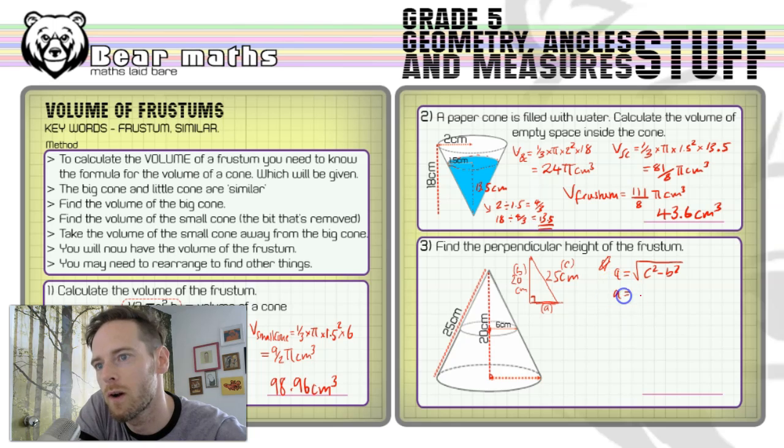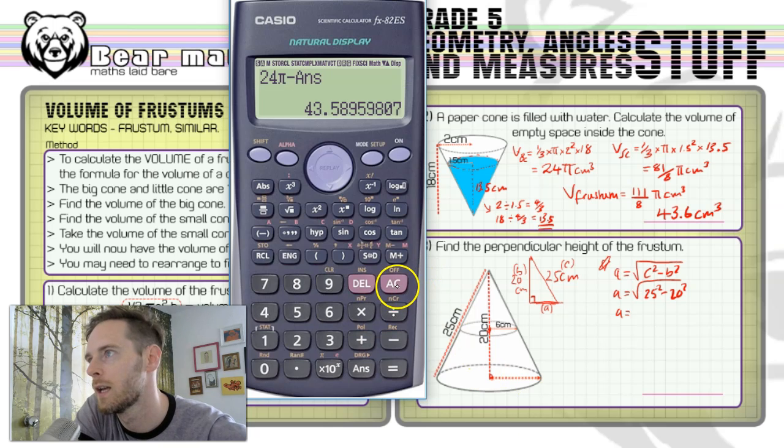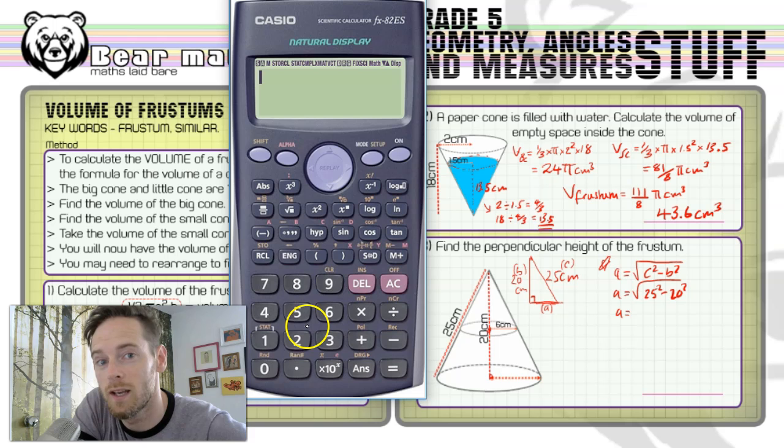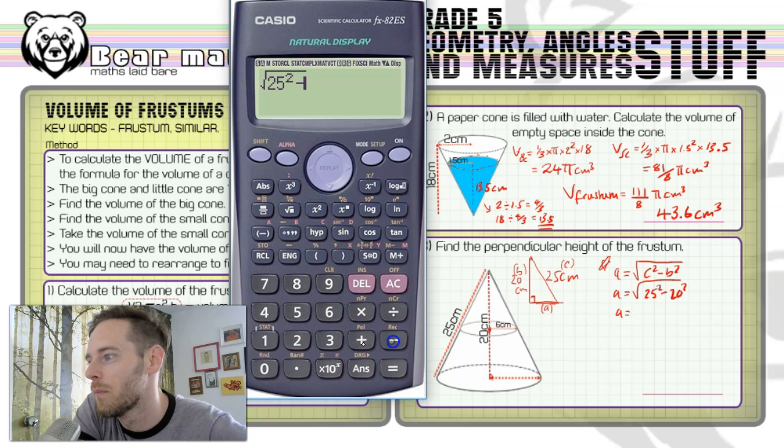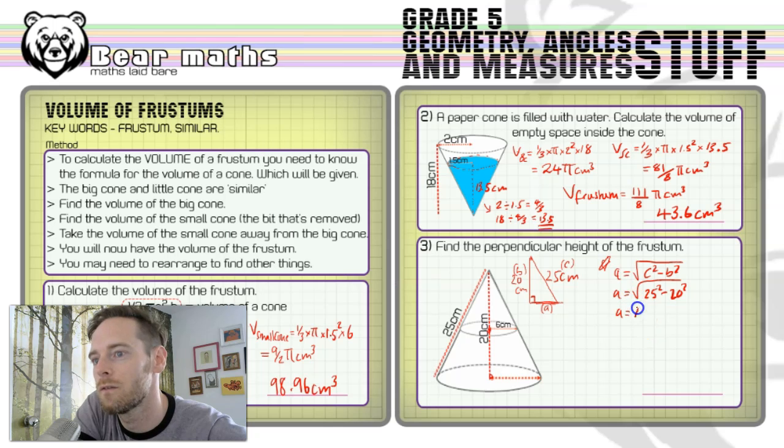So A is equal to the square root of 25 squared minus 20 squared. There's our quick way of doing that. Like I said, I'll explain it in more detail in the Pythagoras video, just to hook you in and make you watch it. I'm sure it's going to do that. 25 squared minus 20 squared equals 15. So A is 15 centimeters, which is a nice whole number.